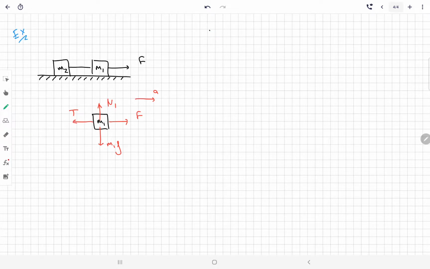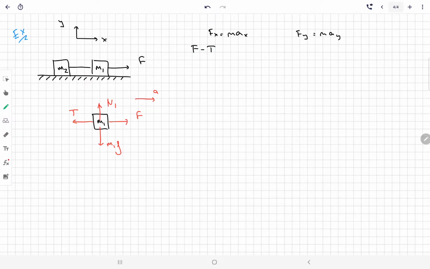So Fx equals m ax, Fy equals m ay. This is the x direction, this is the y direction. Let me apply Newton's second law for the first object only. Horizontal resultant force: F minus tension.